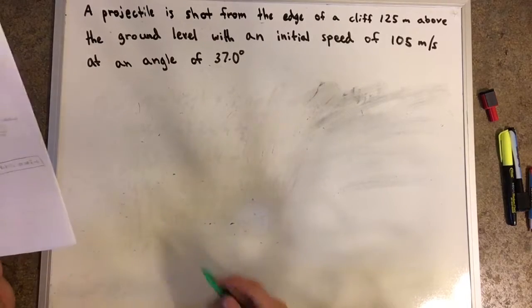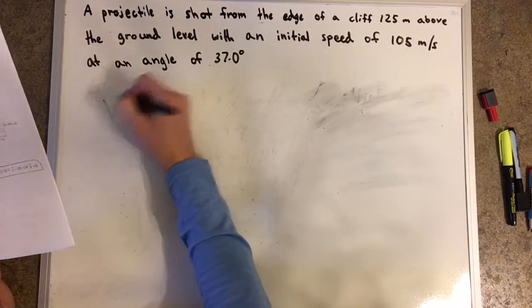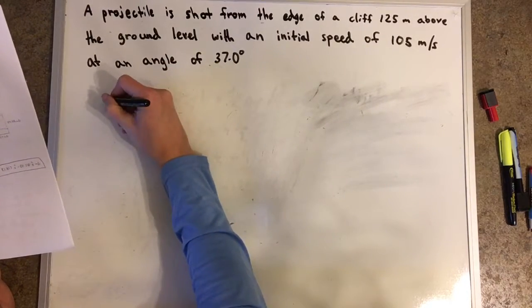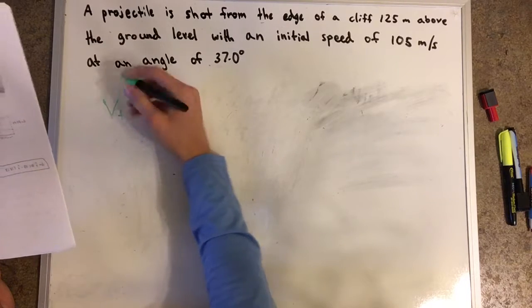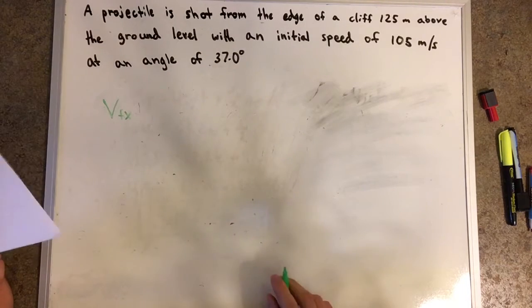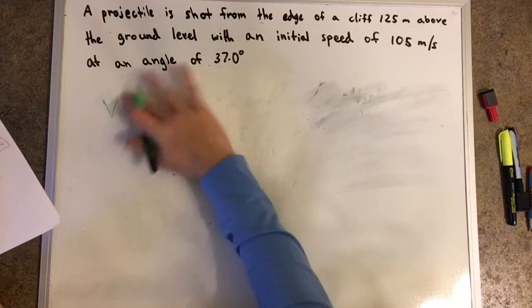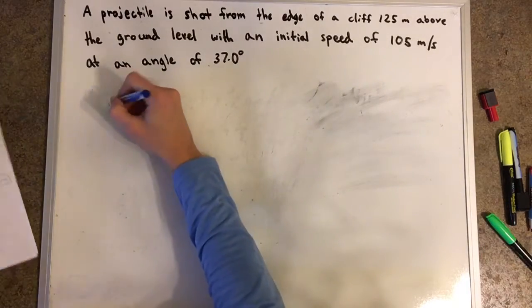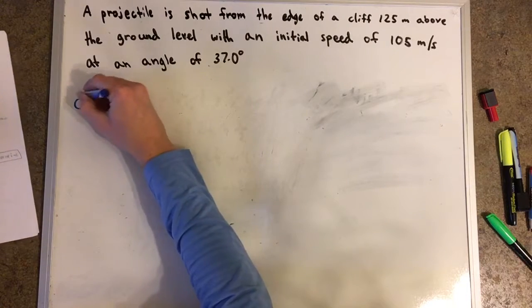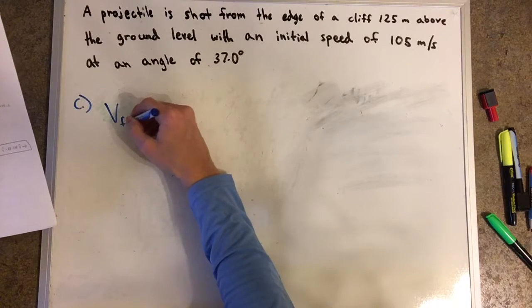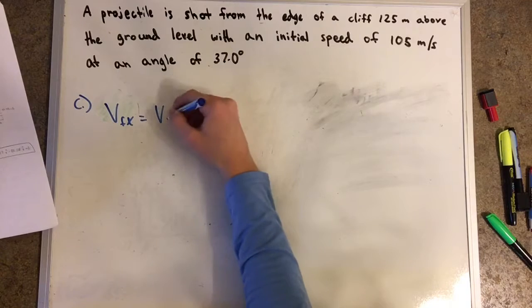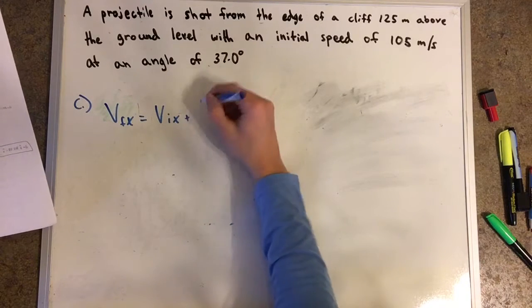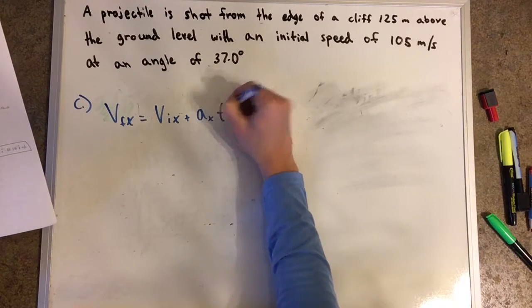To set up the equation, you use Vfx, which is the final velocity in the x direction, equals initial velocity in x direction plus ax t.